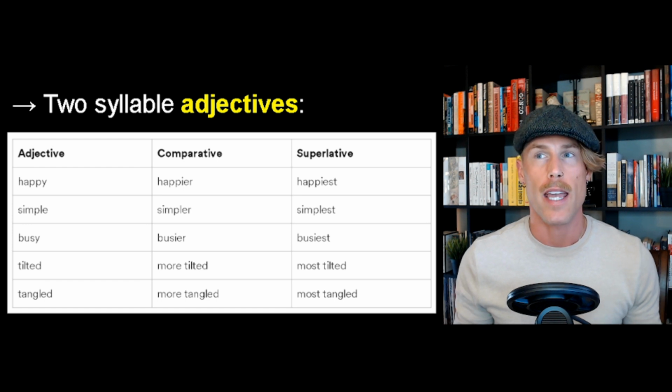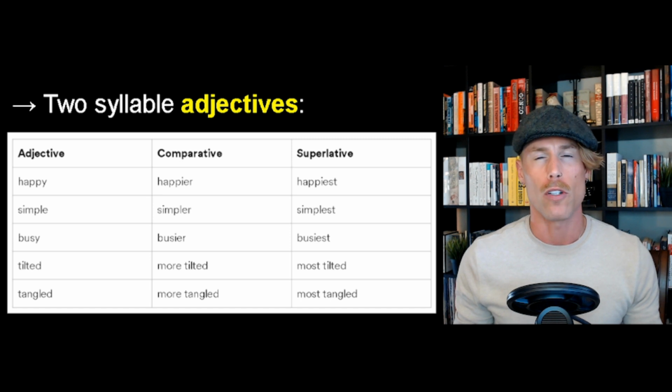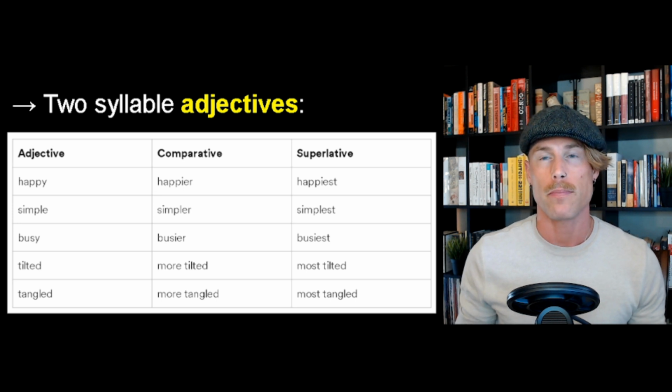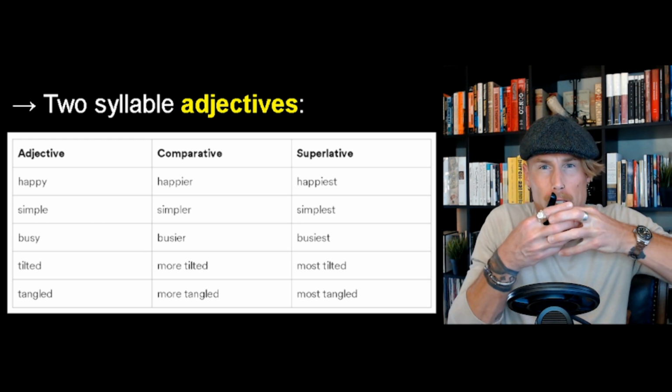We don't say tilteder. We don't say tangleder. These adjectives only use more and most. Happiest, simplest, busiest, most tilted, and most tangled.